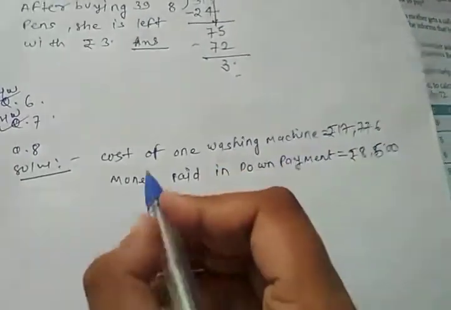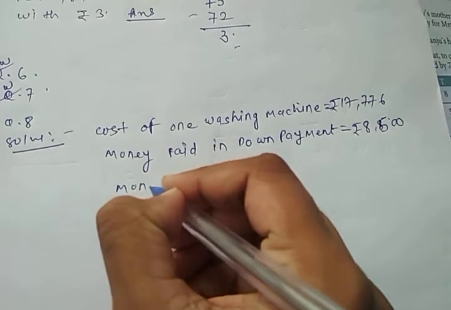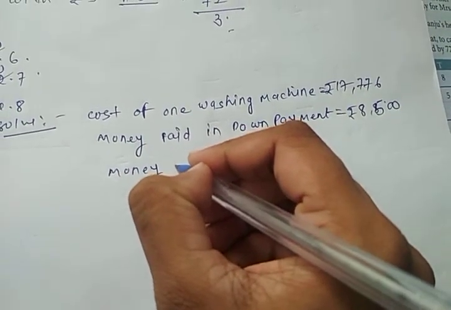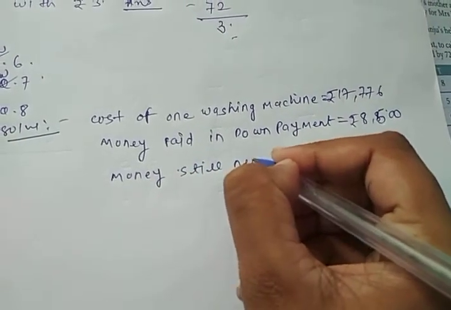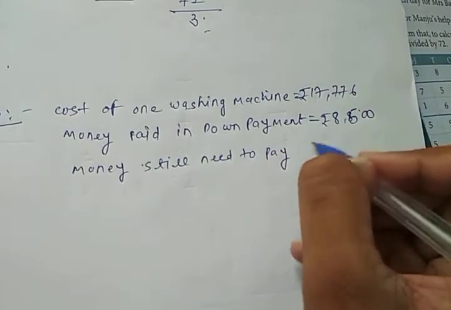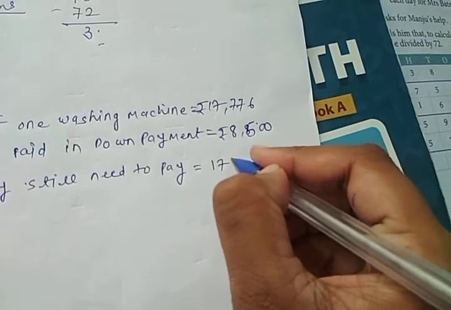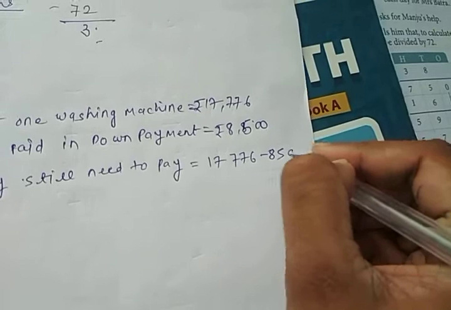So how much money does she have to pay now? So you can write money remaining to pay, money still needed to pay. She has paid this money, so how much money will she still have to pay? So 17,776 minus 8,500.